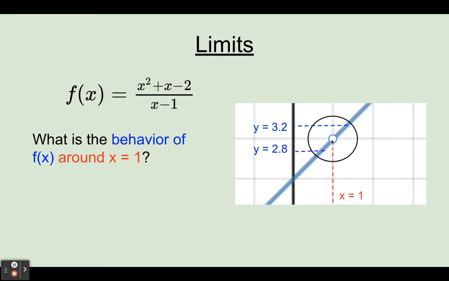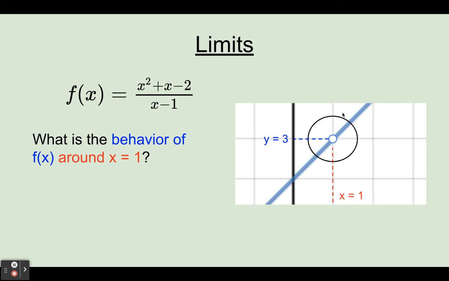Around this open circle, the y's on the left side act like 2.8, and on the right side, 3.2. If I keep getting closer, on the left side the y looks like 2.9, and on the right side 3.1. And if I keep getting closer, the y would be 2.99 and maybe 3.01. So as I get closer and closer and closer, this function just acts like 3.